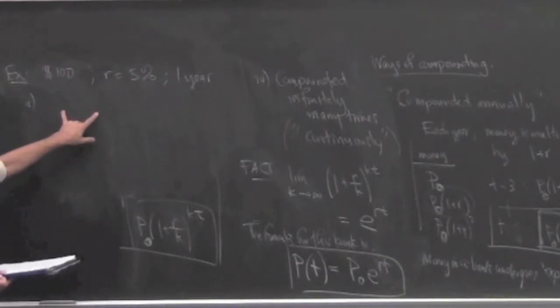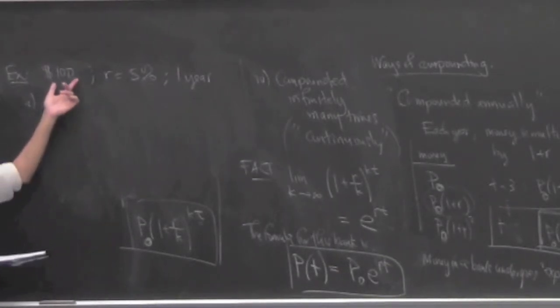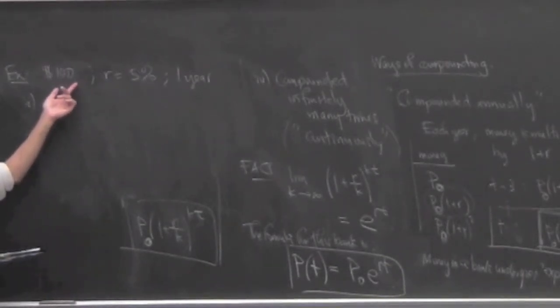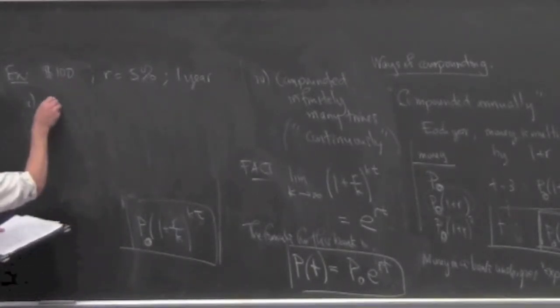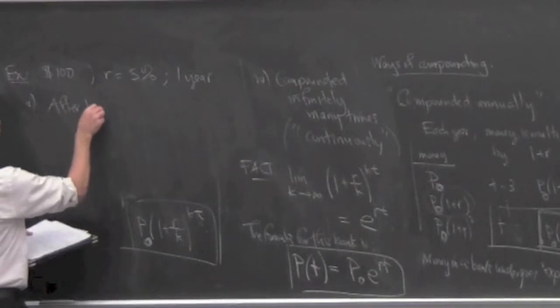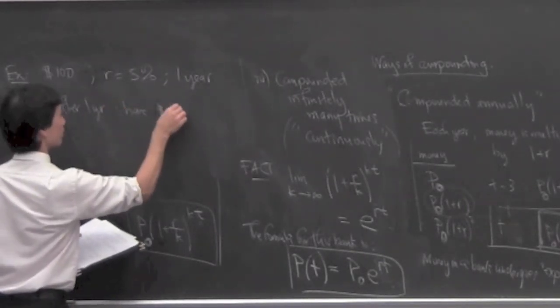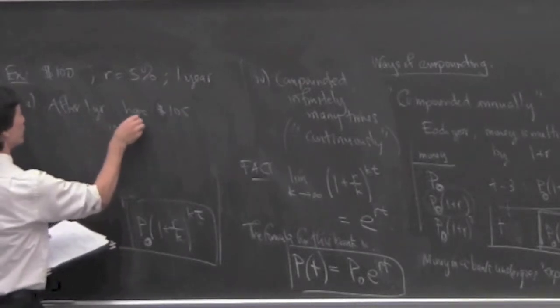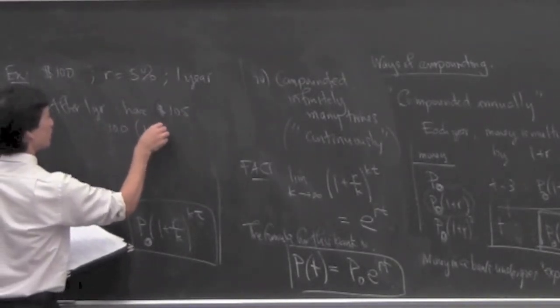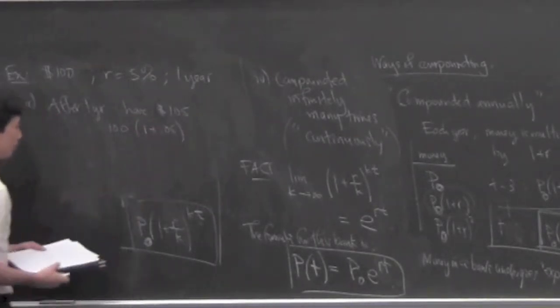In the compounded annually case, how much will you have after 1 year? It's obvious: $105. That's 100 times (1 + 0.05).